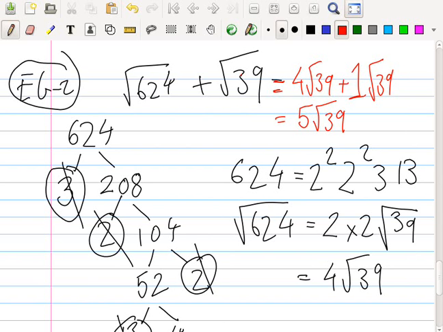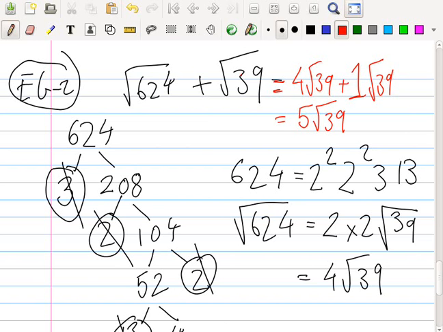By the way, if you type in root 624 on your calculator, see what you get. This is the Casio 991 people at least. Yeah, it's the same, isn't it? Now, in the exam, listen, you don't need to show the workings here with the tree.